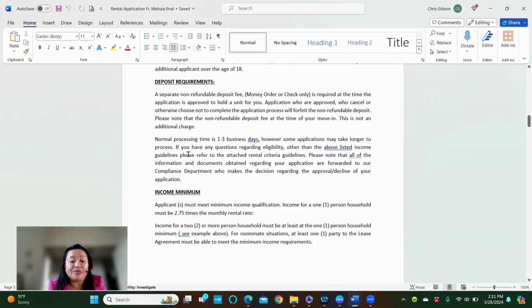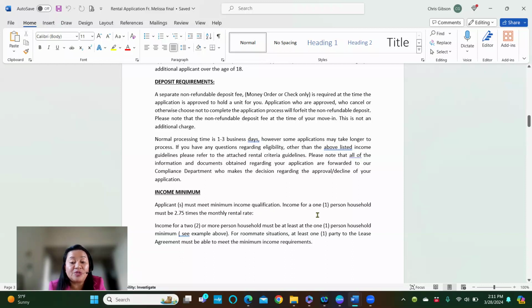So the normal processing time is 1 to 3 business days. However, some applicants may take longer to process. So we have a range of 3 to 4 days. If they are qualified, they are good to go. So the income minimum: the applicant must meet the minimum income qualifications.